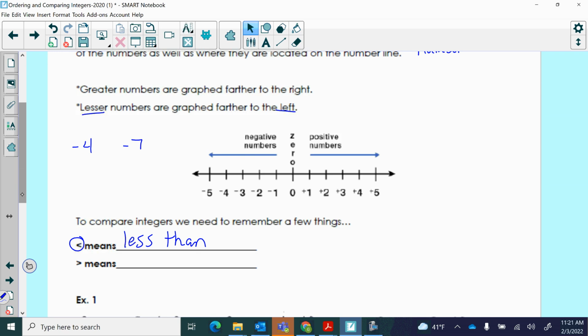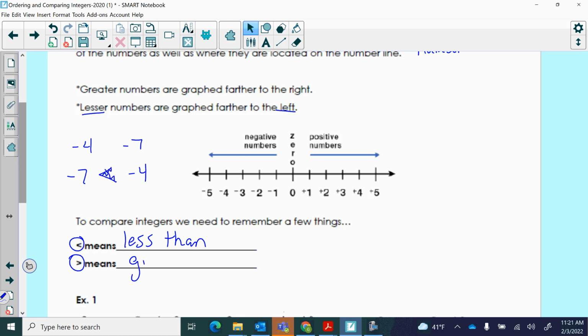Which one is less than the other? -7 is less than -4. And guys, I don't know if they showed you this in elementary school. It's like an alligator's mouth that wants to eat the bigger meal. So the way you read this situation is -7 is less than -4. Make sense? So what does this sign mean?